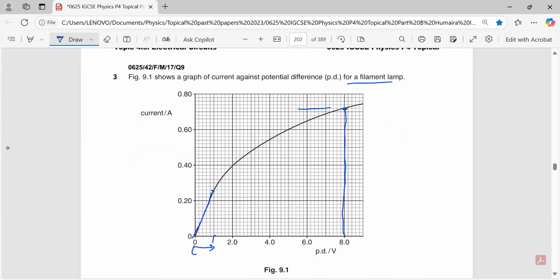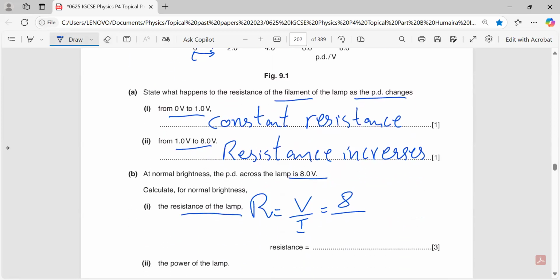When you move from here to the other side, it will be 0.70 at this point, and this is one box ahead, so it will be 0.72. That is the value of current at 8 volts.